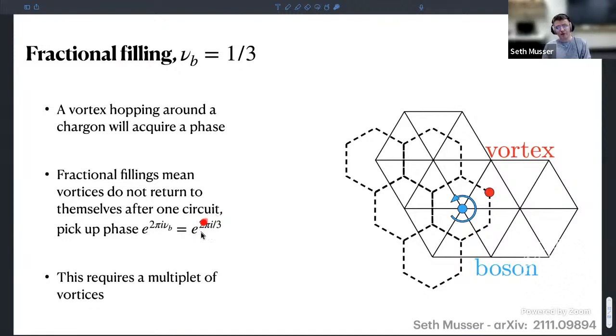So in the 1/3 case, that's e to the 2 pi i over 3. And that means that if you decide to move a vortex around in a circle, you're going to need some different flavors of vortices because the vortex isn't going to just return to itself under these fractional phases.